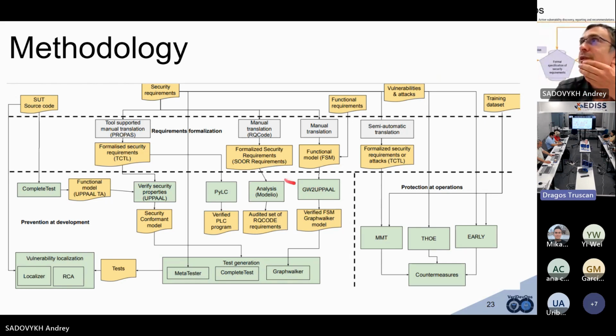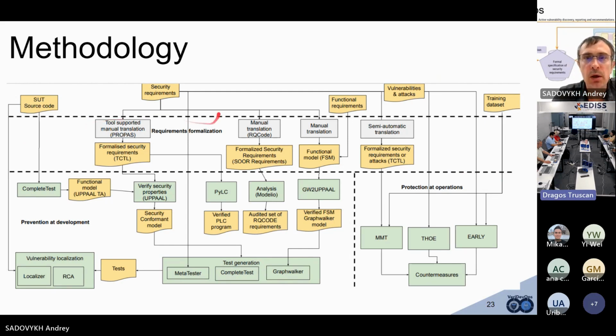in greenish boxes. We also have various artifacts that are provided: security requirements could be input, vulnerabilities and attacks could also be input, data sets for training various tools could be the input, and source code for the system under test could be the input.